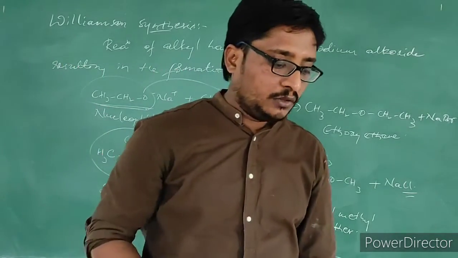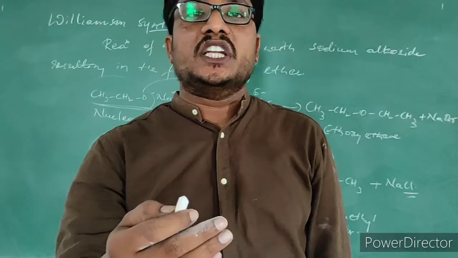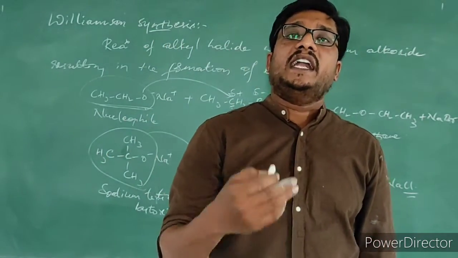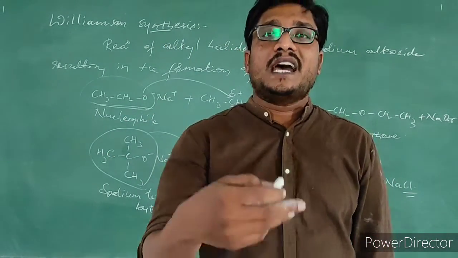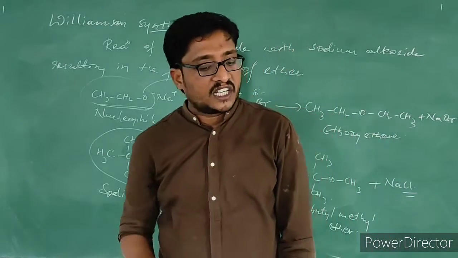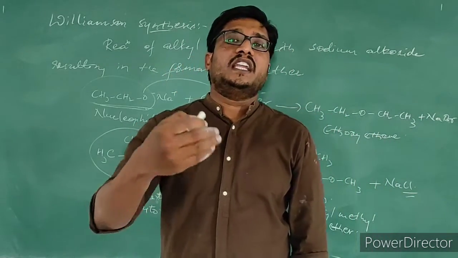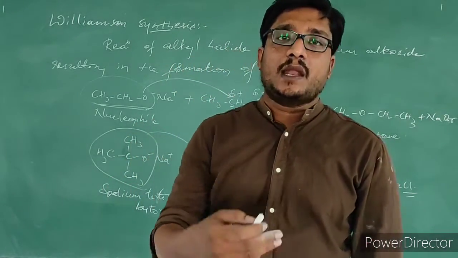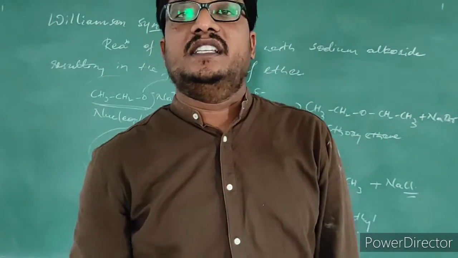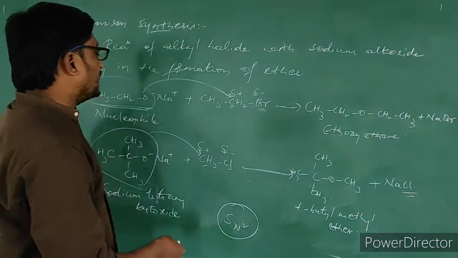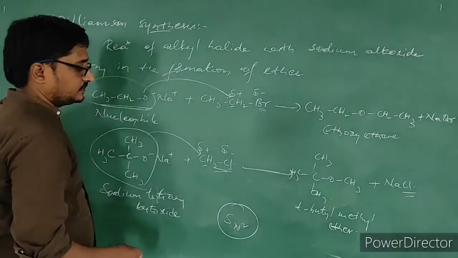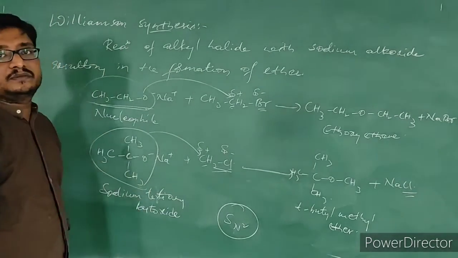In case of SN2 reaction, steric hindrance should not be there for the attack of the nucleophile on the carbon of the alkyl halide. If steric hindrance is present, the nucleophile cannot attack the carbon of the alkyl halide easily. That is why primary alkyl halide is preferred in SN2 mechanism.